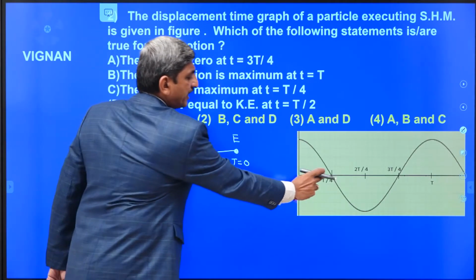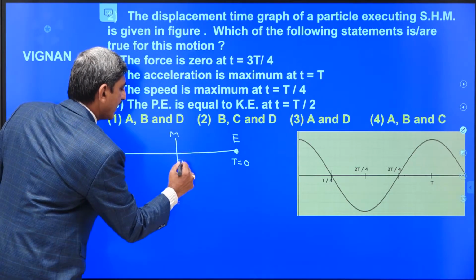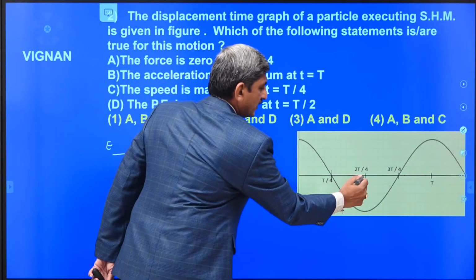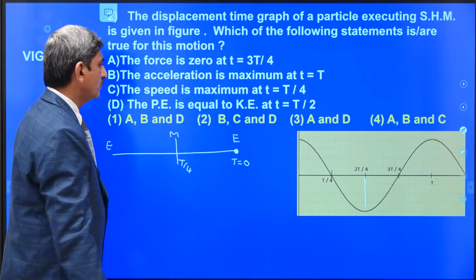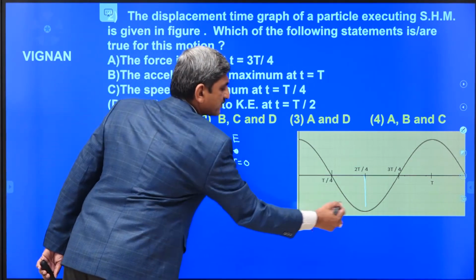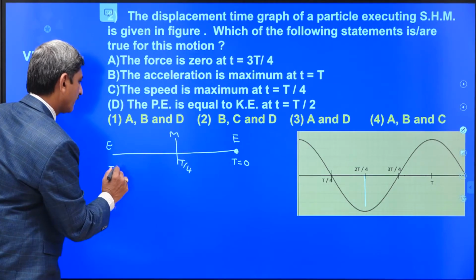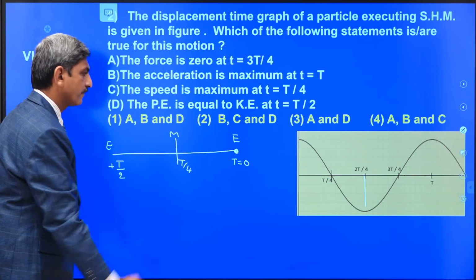Now, at time t is equal to T by 4, the displacement is 0, that means the particle is at mean position. Again, at 2T by 4, 2T by 4 means T by 2, at the T by 2, the displacement is negative maximum, so that the particle is at second extreme position.